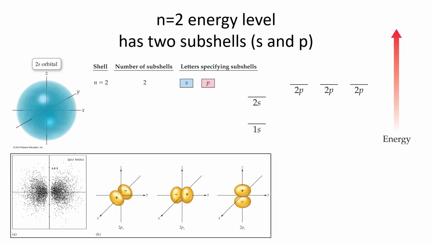So then what about the p? The p orbitals here, you can see there's 3 of them. So with any p, you're going to have 3 orbitals. So p is the subshell, and then the individual orbitals are the different orbitals within the p. So for any s subshell, you have 1 orbital. For any p, you have 3 orbitals. But it's still true that only 2 electrons can reside in any one orbital.